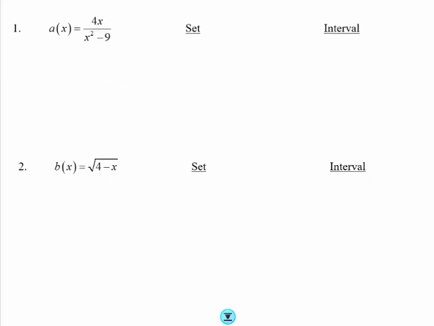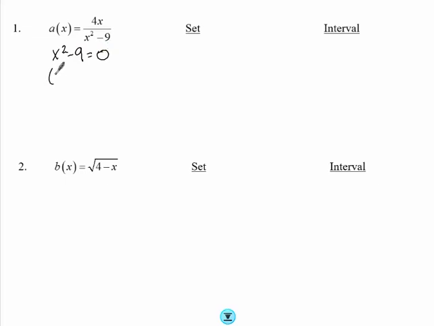First, we have a of x equals 4x over x squared minus 9. Since we have a fraction here, we need to be concerned about the values that make the denominator equal to 0. So we're going to find those domain restrictions by taking the denominator and setting it equal to 0. Then we need to solve for x.